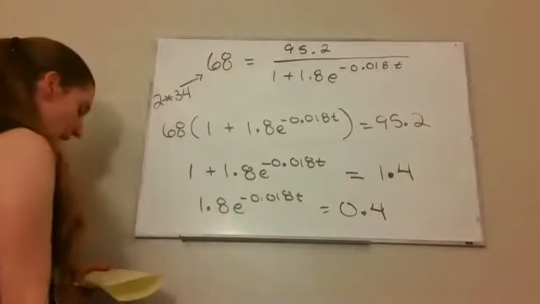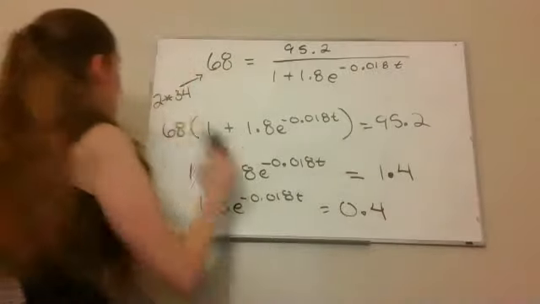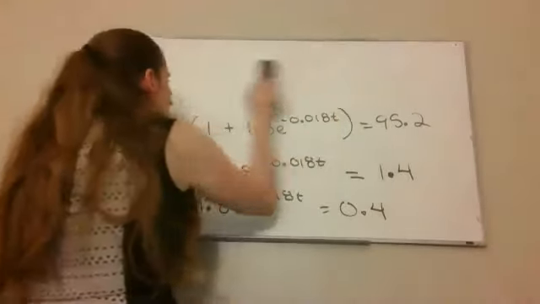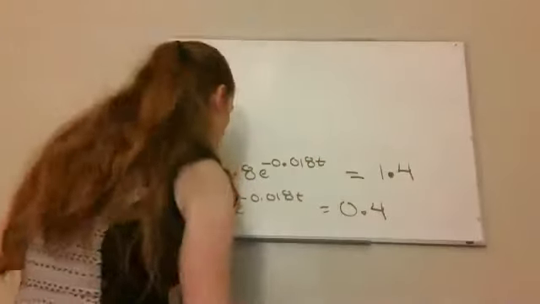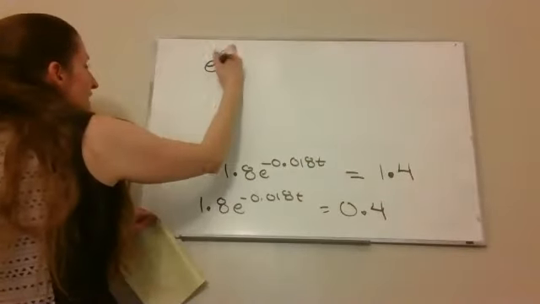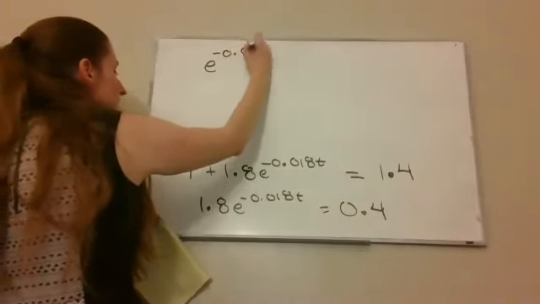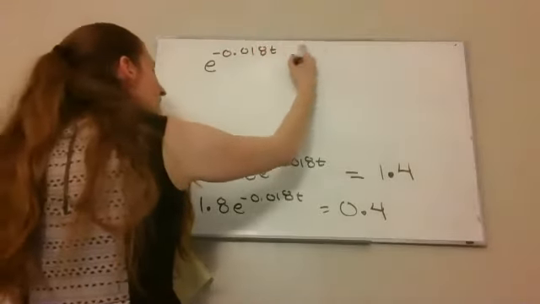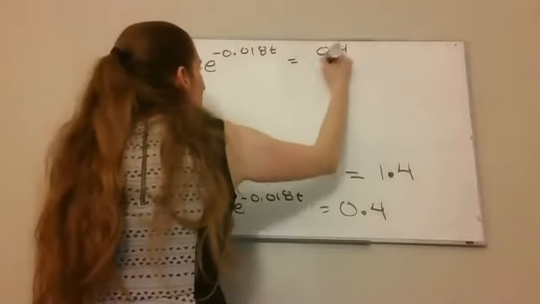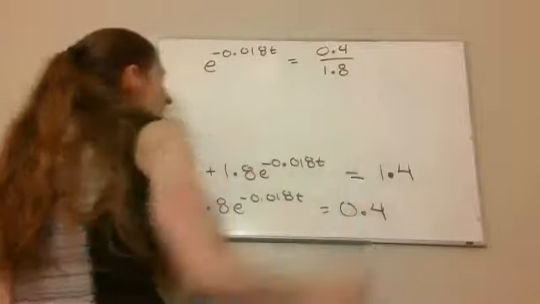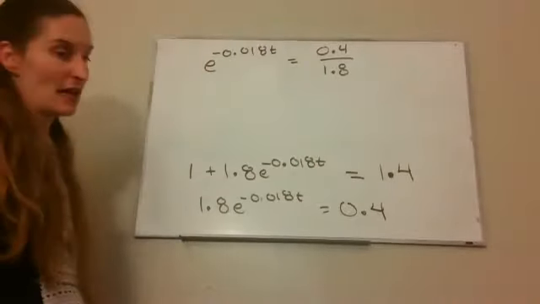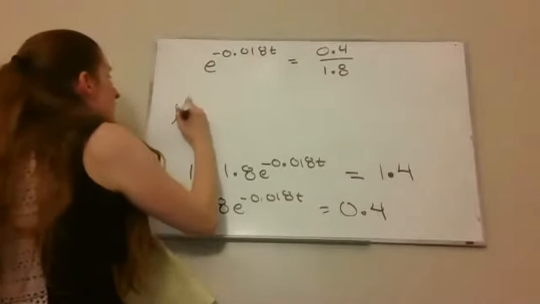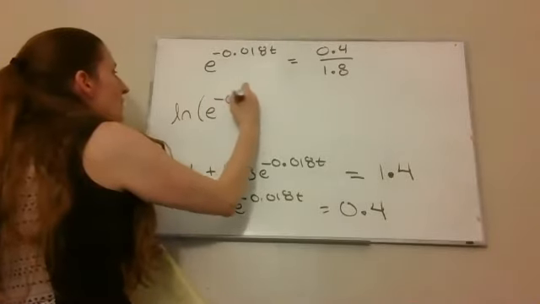And divide both sides by 1.8. So I get that my exponential is equal to 0.4 divided by 1.8. And now we're ready to take natural logs. Take a natural log of both sides.